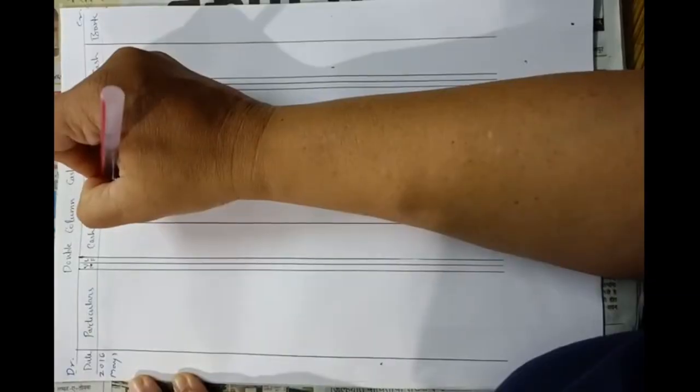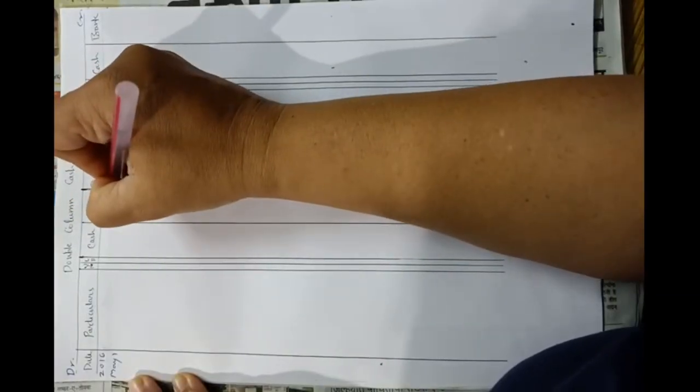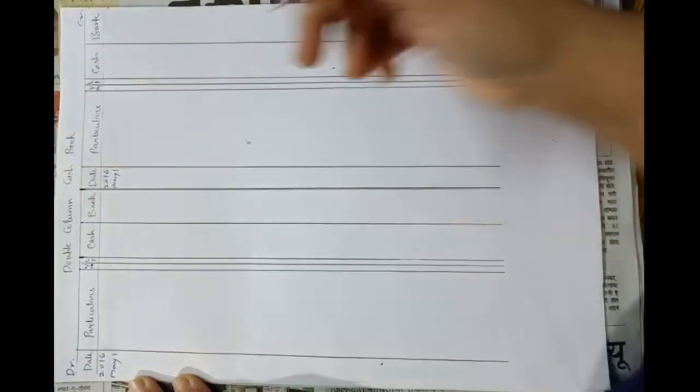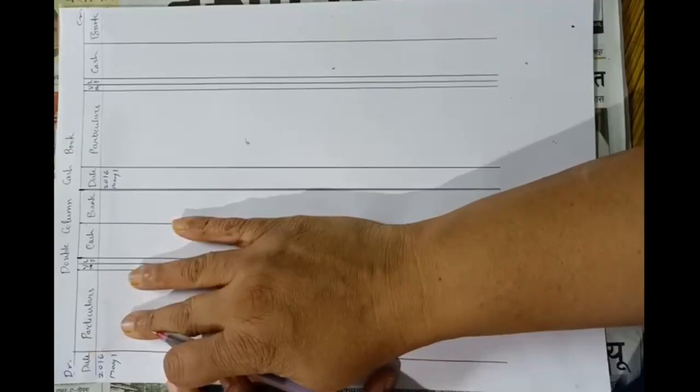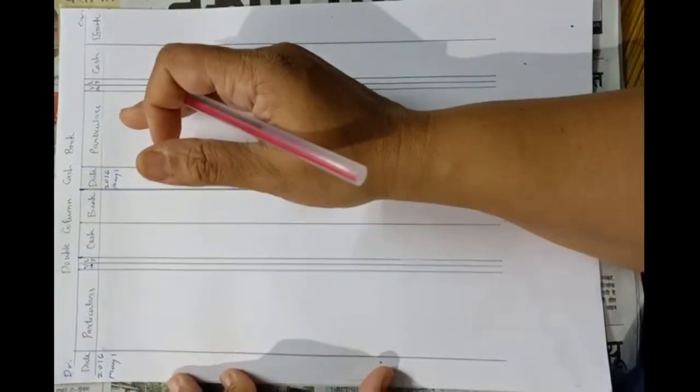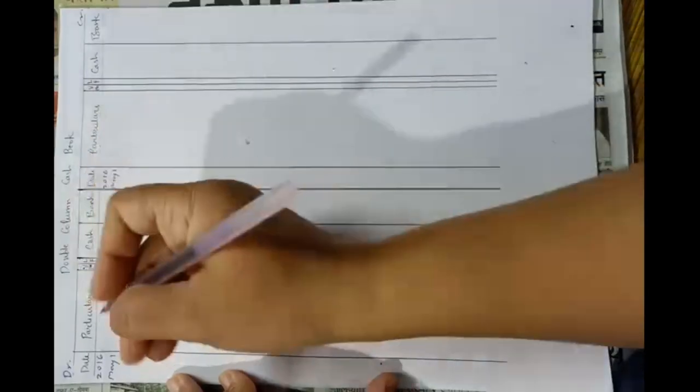So 2016, May 1st. Cash balance will be on debit side and bank balance, as it is negative, it will be on credit side.